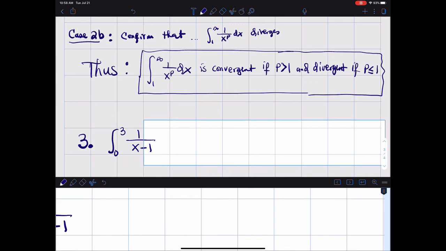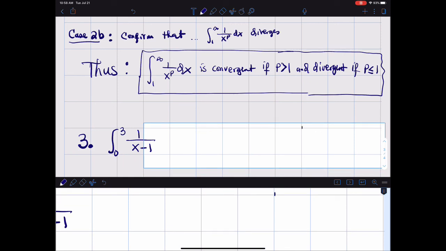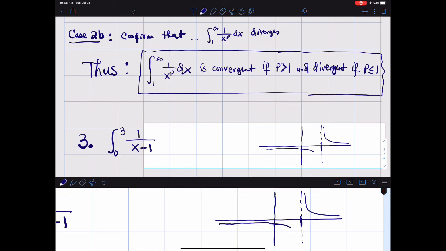The graph of 1 over x minus 1 is that. So there is a discontinuity at 1.